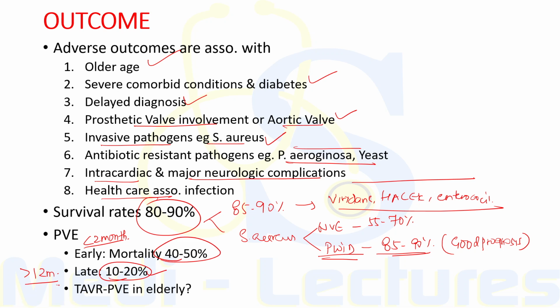When we consider transcatheter aortic valve replacement in elderly, in hospital mortality is 35 to 50%. This means this condition is associated with very high risk of mortality if endocarditis develops, and at 1 year this mortality further increases to 60 to 75%.